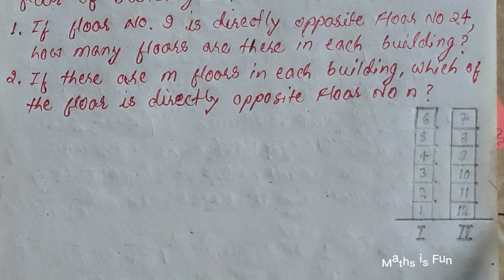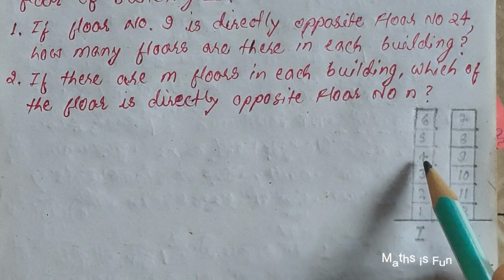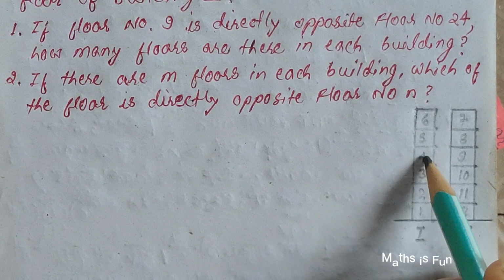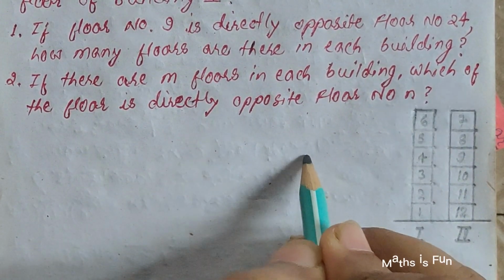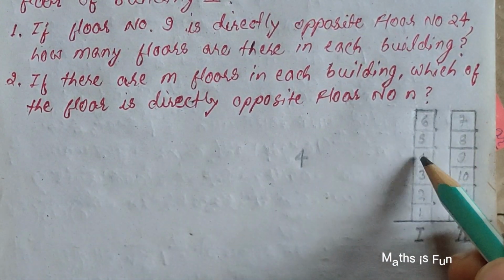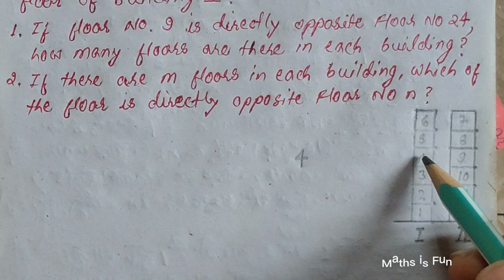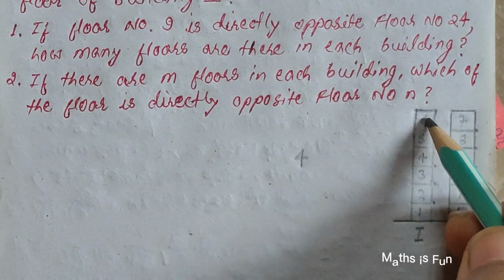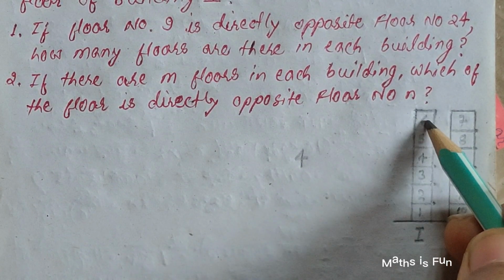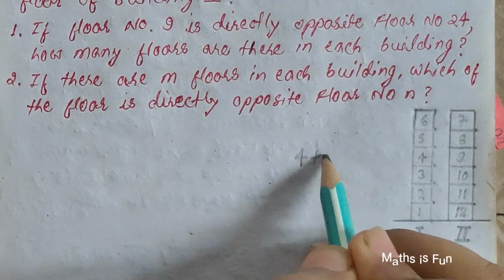Let's move to the first way. In the first way, we first take the given floor number, that is 4. Then how many floors are just above this given floor? Here we have 2 floors in building 1. So we'll write plus 2.